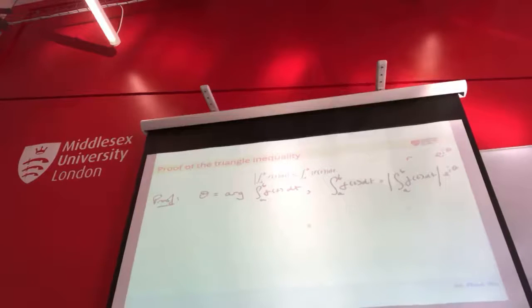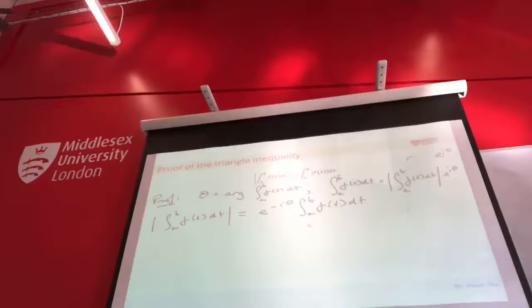Okay, so if that's true, then I can rearrange this. On the right hand side, I've got that absolute value, which is what I want to estimate. So that's equal to e to the minus i theta times the integral from a to b of f(t) dt.